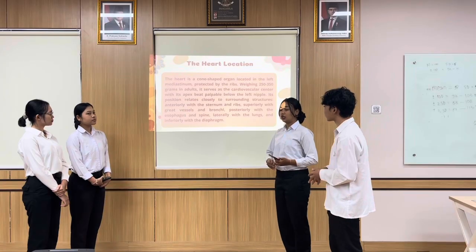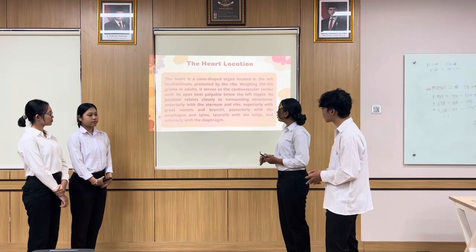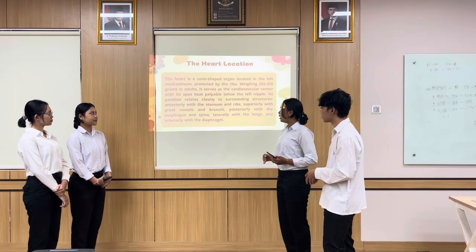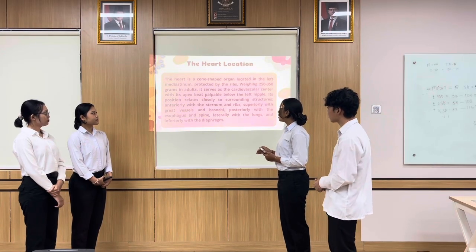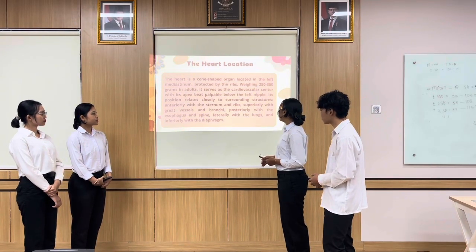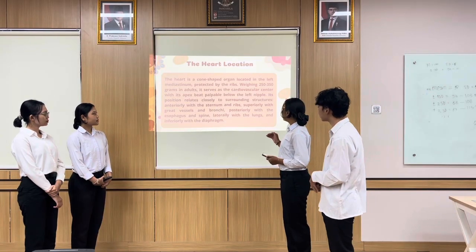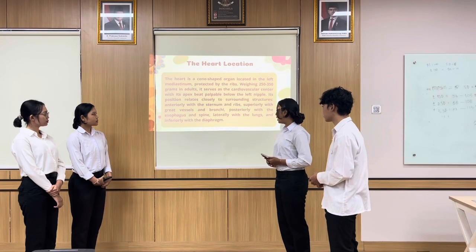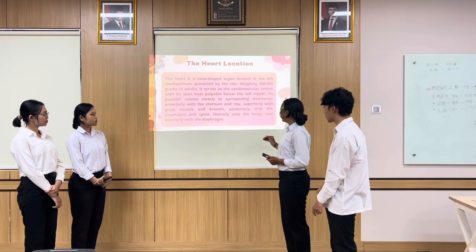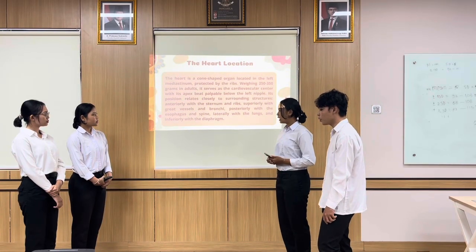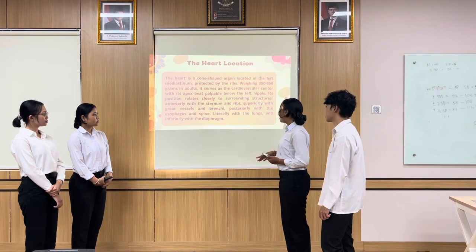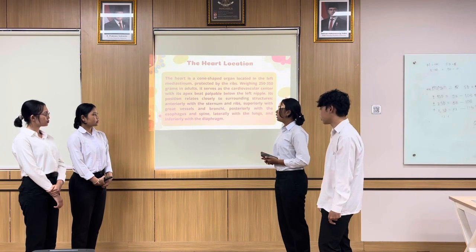Its position relates closely to surrounding structures: anteriorly with the sternum and ribs, superiorly with blood vessels and bronchi, posteriorly with the esophagus and spine, laterally with the lungs, and inferiorly with the diaphragm.